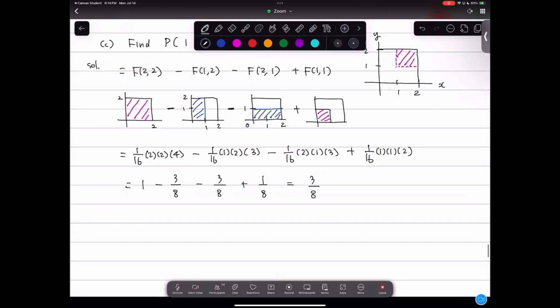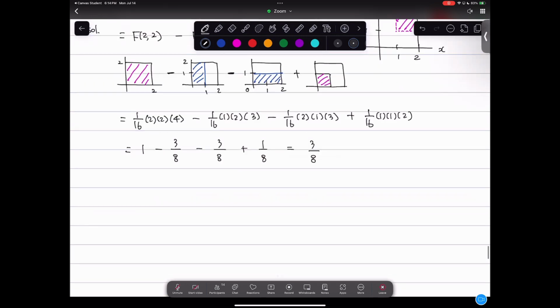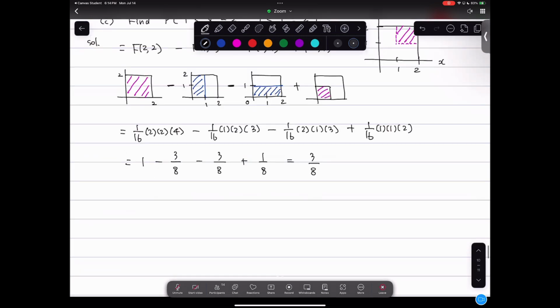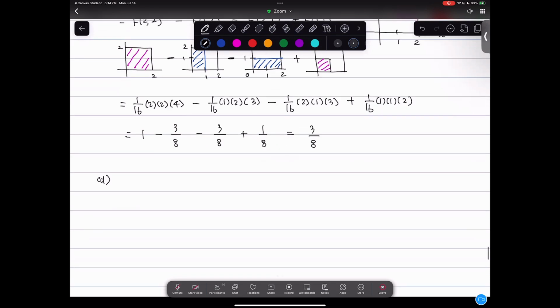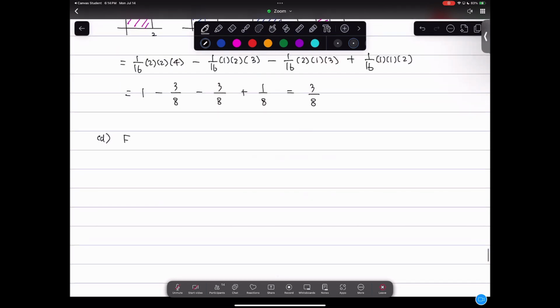Now that I've gone through this, that was part C. Let's get the last question, D. Now I want to get my joint PDF. I have my joint CDF, so how do I get my joint PDF?